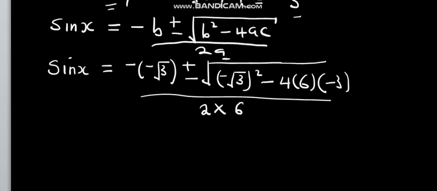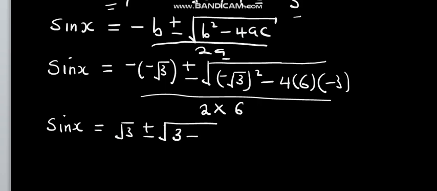Upon simplifying, we shall have sine x is equal to root 3 plus or minus square root. What is root 3 squared? That is 3. Then plus, what is negative 4 times 6 times negative 3?